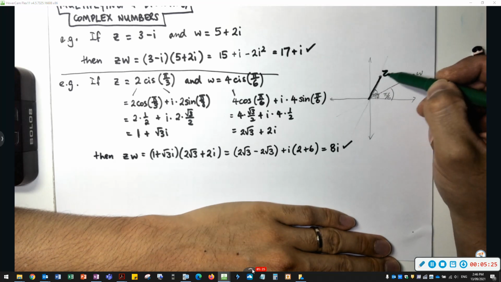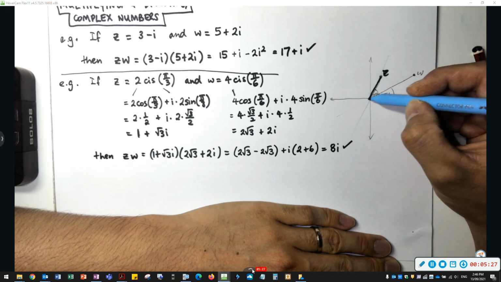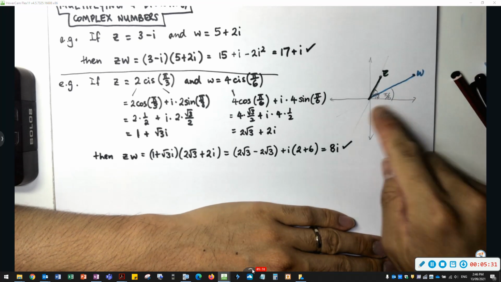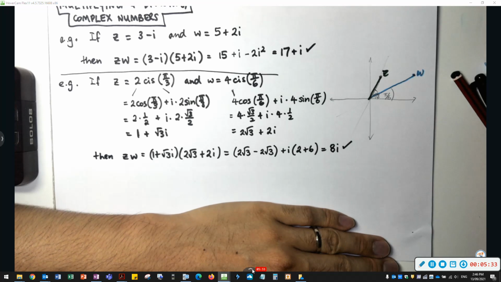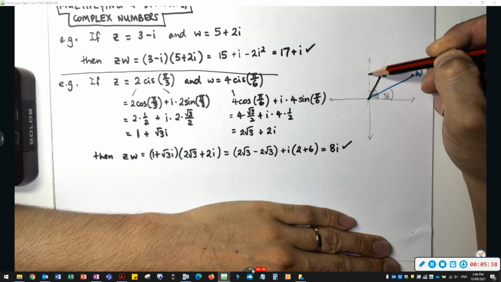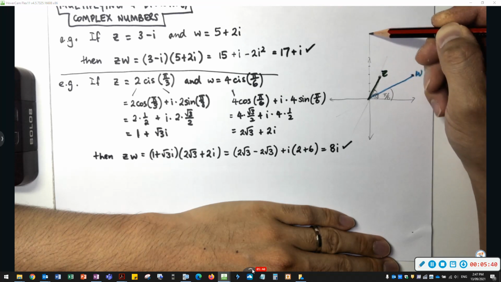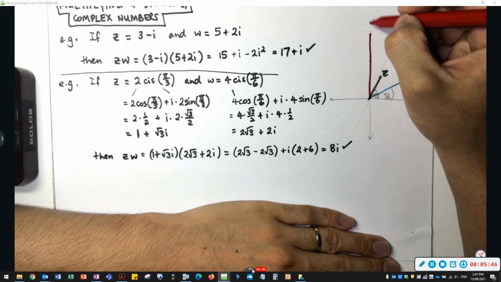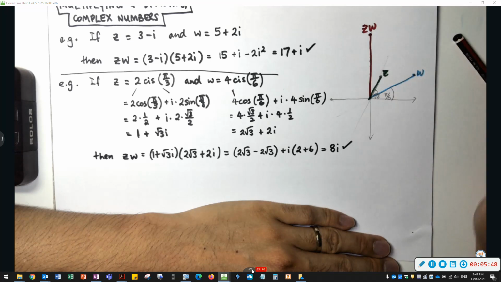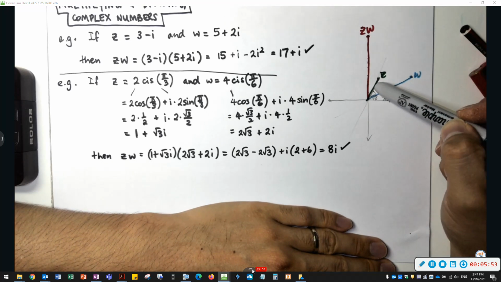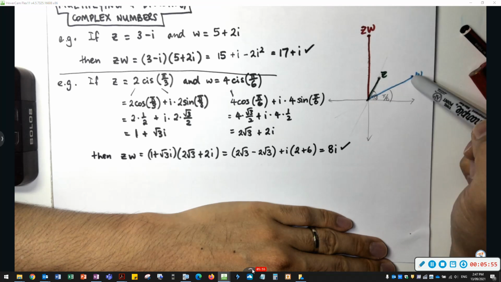I'll just mark them in with two colors. There's z, there's w, and our answer is 8i. 1, 2, 3, 4, 5, 6, 7, 8. What's the relationship between z, this direction here, and this w here?